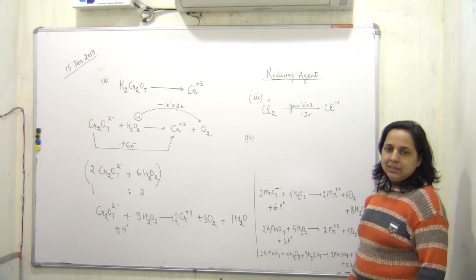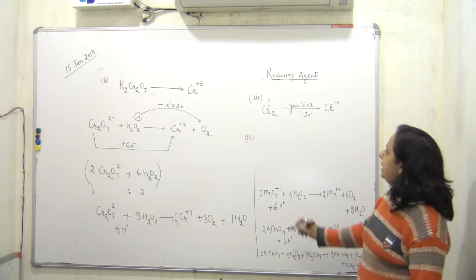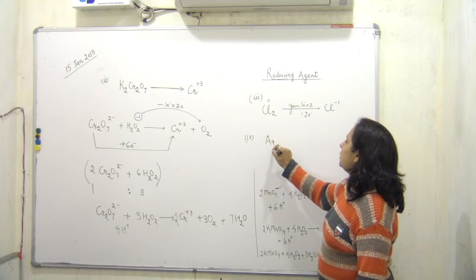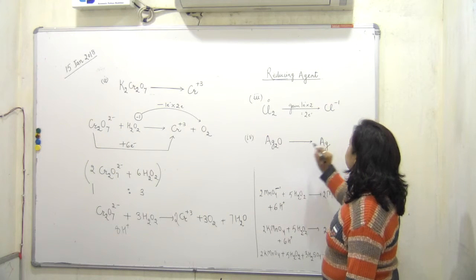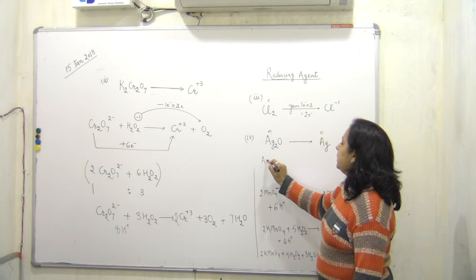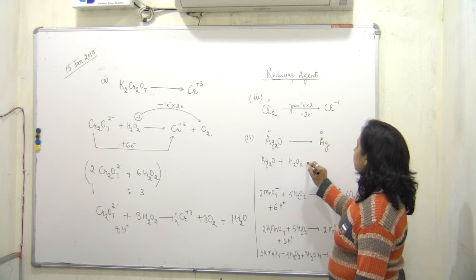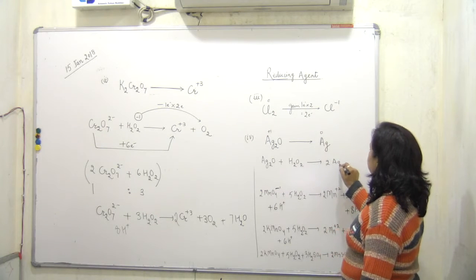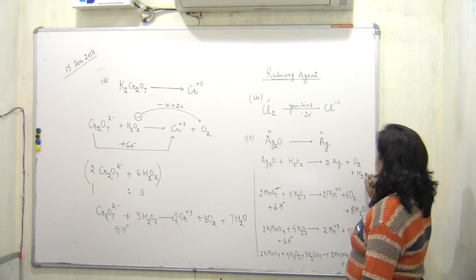Next, similarly, Ag2O, silver oxide, can be converted to silver. Ag 1 positive can be converted to 0 now. It is Ag2O plus hydrogen peroxide, we get 2 silver plus oxygen plus water.